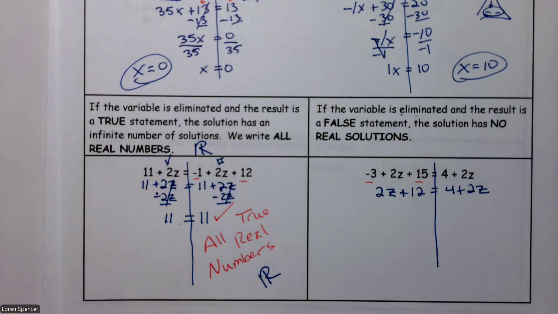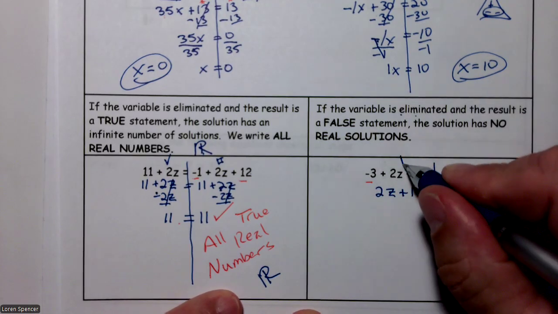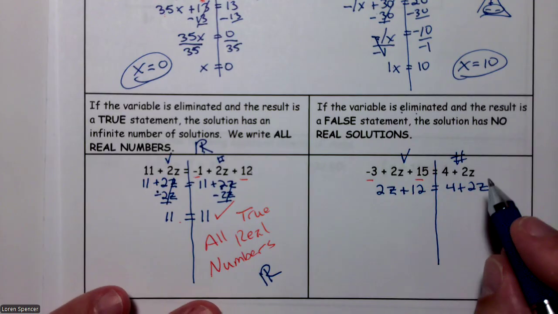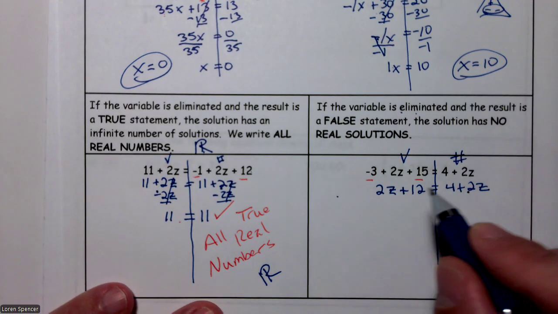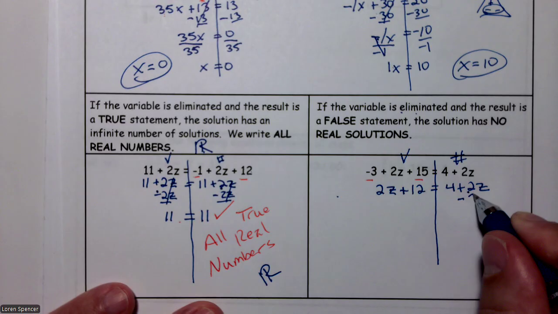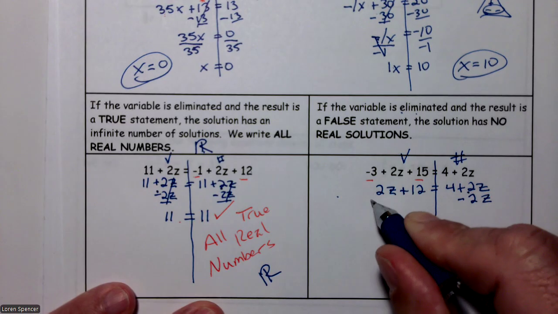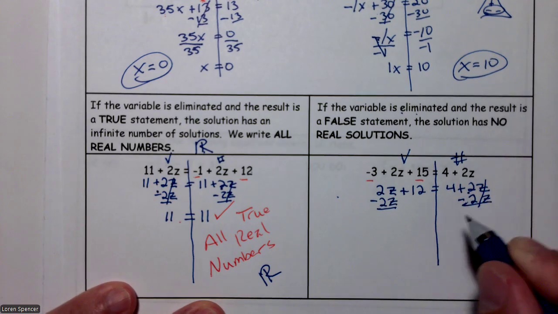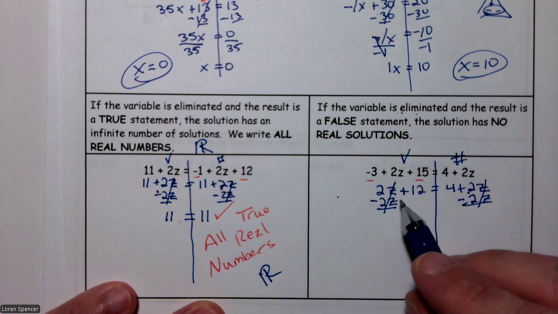Now, we need to get the variables on the same side. And remember, we always want variables on the left and numbers on the right. So the next thing I want to do is move this 2z to the other side. Well, it's a plus 2z, so I'll do a minus 2z. And this drops off, and that also became 0.